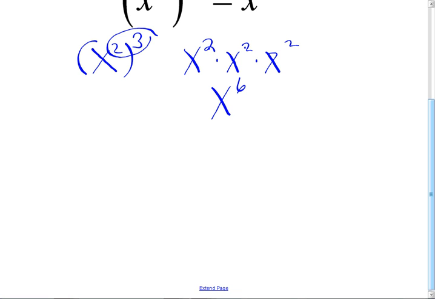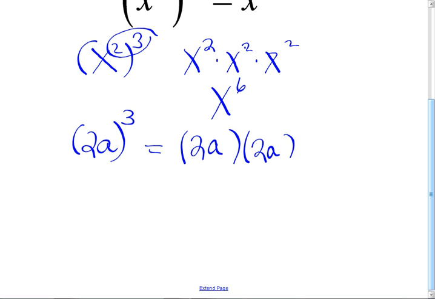Okay, so what if I have this? 2a, let's just keep the number small, to the 3rd. Nope. Write it out. It's 2a times 2a times 2a. So it's 2 to the what? Third. A to the third.